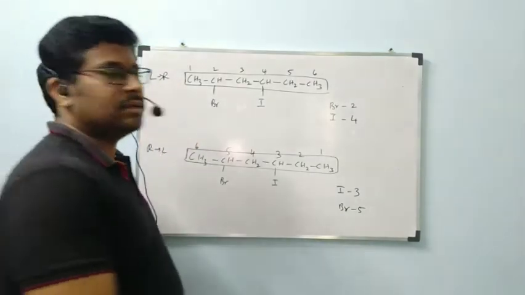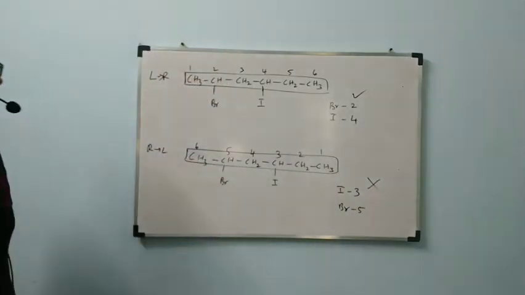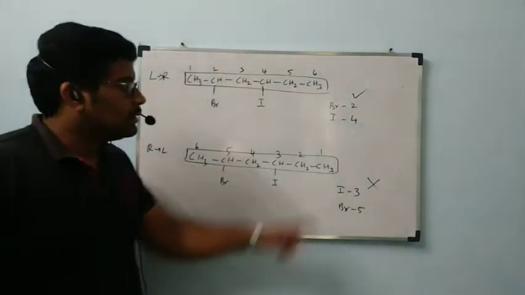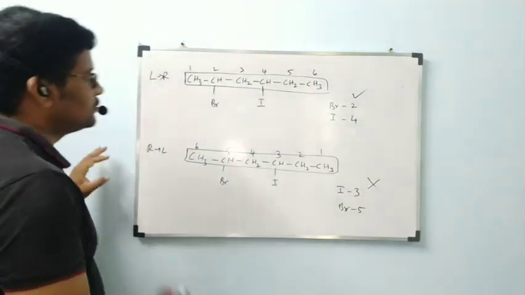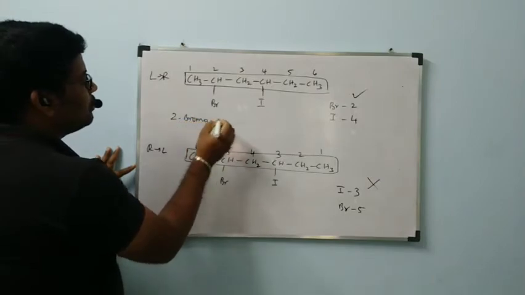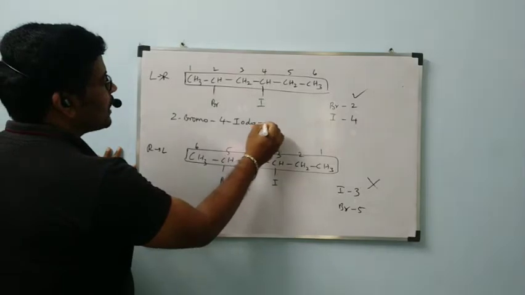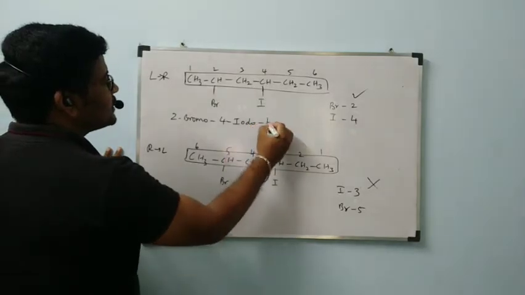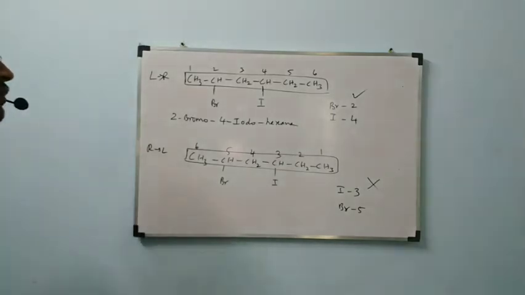So this is correct, this is wrong. According to this, what is the name of this compound? 2-bromo-4-iodohexane.